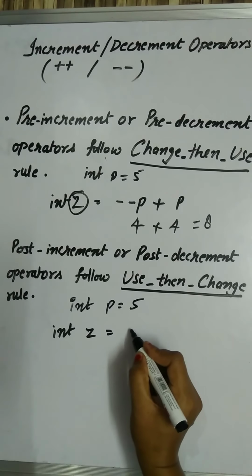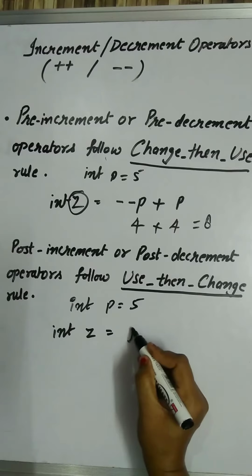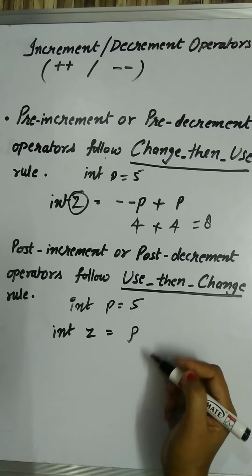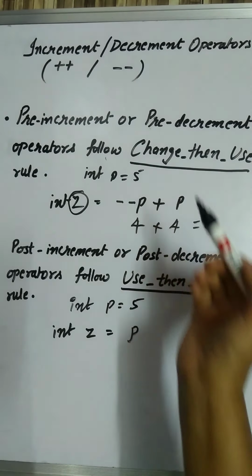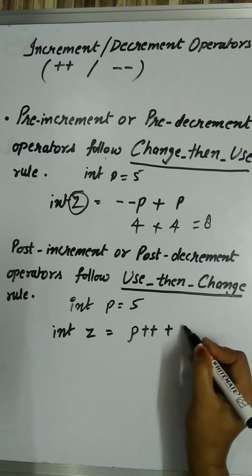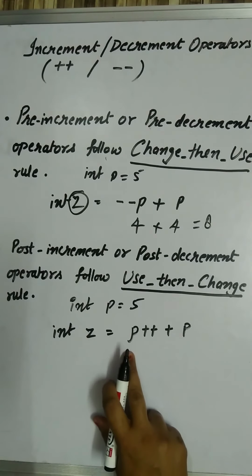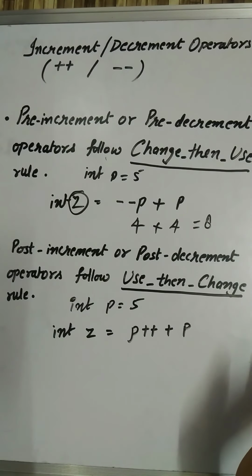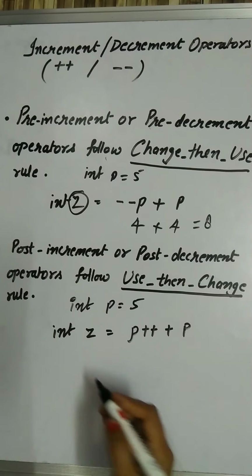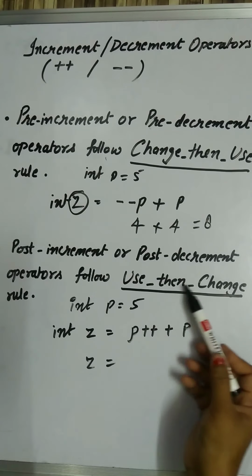Post-increment or post-decrement means first of all we write the variable, then the increment or decrement sign. So here z is equal to use then change.